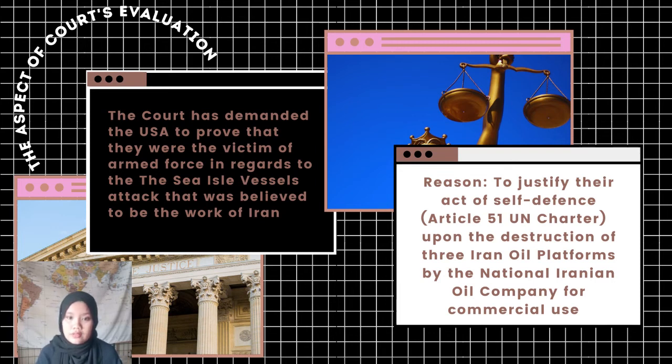So the court requested the US to justify that they were actually the victim, and that their bombing of the oil platforms was actually a reciprocal response to what Iran had done through the ILCT vessel.